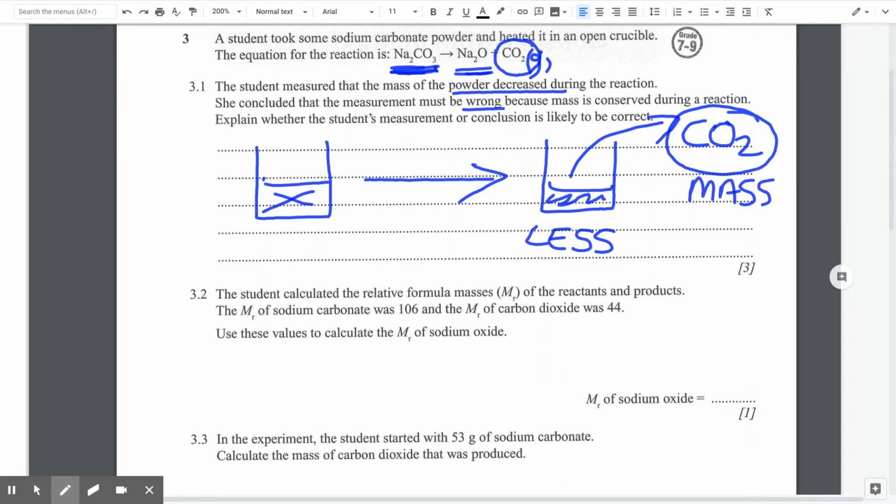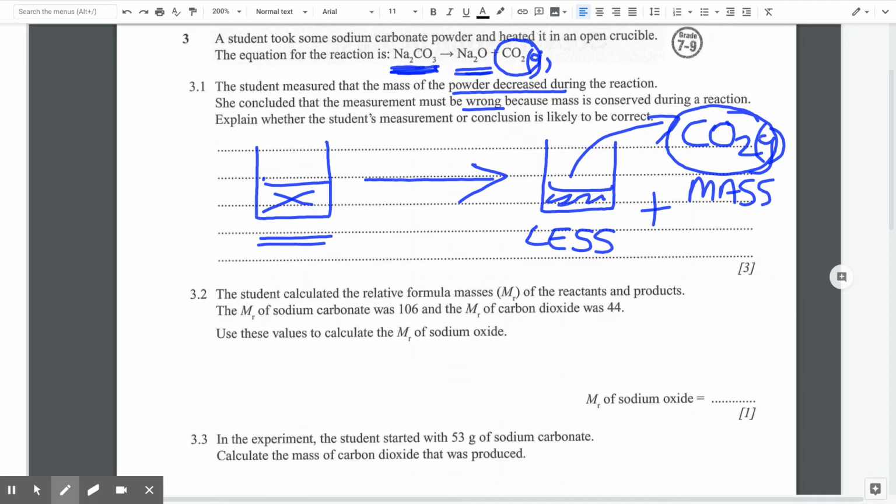So the mass of the sodium oxide which has been produced plus the mass of the carbon dioxide will equal whatever that was. But in terms of experimental measurements, the mass of the solid which has remained will be less because this carbon dioxide gas has essentially floated off somewhere. So she was correct in one sense, but incorrect in the sense of what she was doing during the experiment.